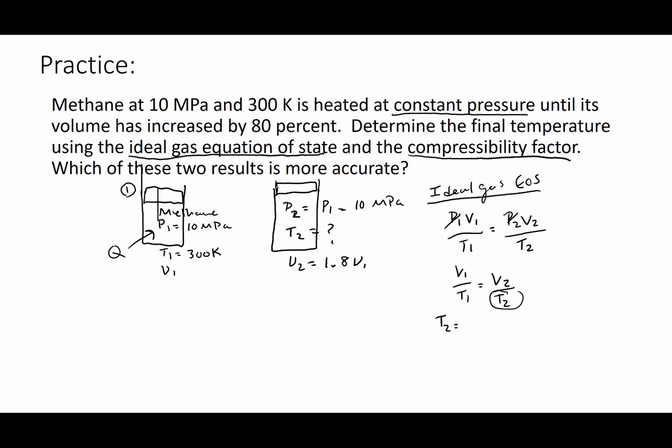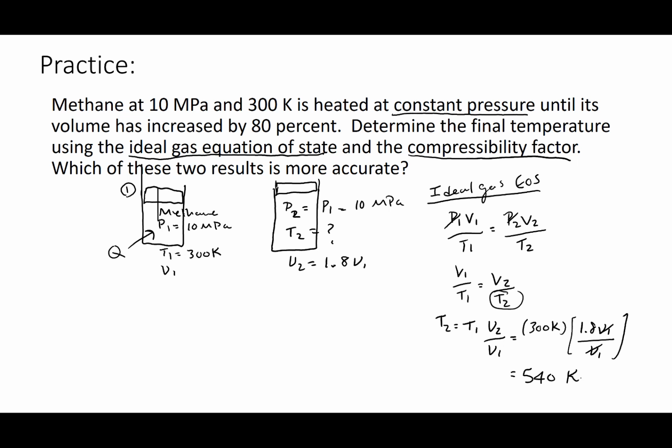T2 is equal to T1 multiplied by V2 over V1. Now we just plug in our information. T1 is 300 Kelvin, and V2 is 1.8 V1 divided by V1, so those cancel, and this works out to 540 Kelvin.